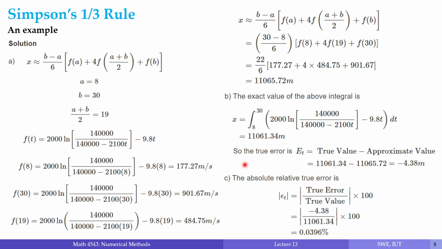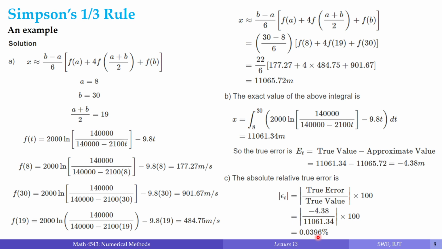Okay, this is the true error, and the absolute relative true error is this value divided by the true value, the absolute value of that, times 100. It ends up being a very minuscule percentage of 0.0396%. If you compare this absolute relative true error with the absolute relative true error of the trapezoidal method, you'll see that the Simpson's 1/3 rule is a sufficiently better approximation compared to the trapezoidal rule of integration.